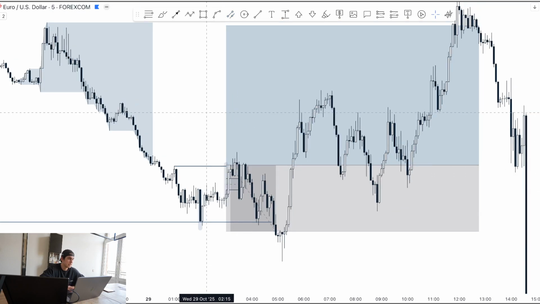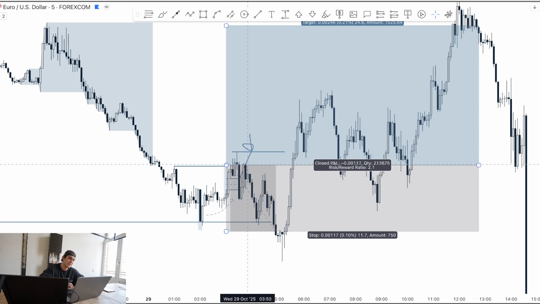This was the area where price should have tapped into and at least showcased the follow through, showcasing intent for there to be some sort of buy side momentum. Instead, we created low resistance liquidity right here, and price then came back around this break even level, and that is where I managed to close.